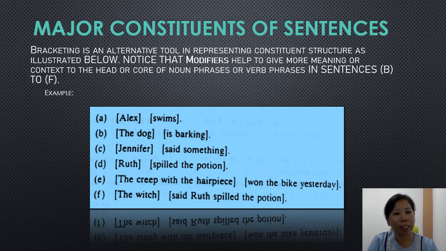Now, bracketing is an alternative tool in representing constituent structure, as illustrated below. So that's the same way of writing the previous illustration shown.